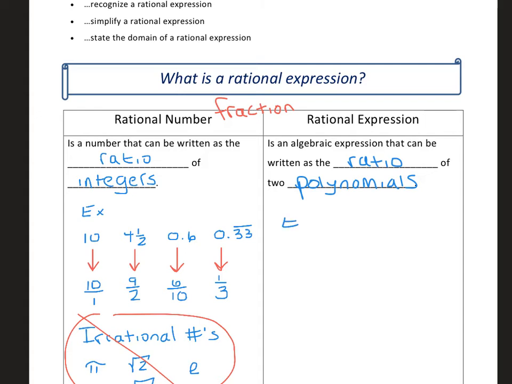For example, I could write 2x plus 1 over x squared minus 5, or 1 over x squared minus 2x plus 1. Both of these would be examples of rational expressions.